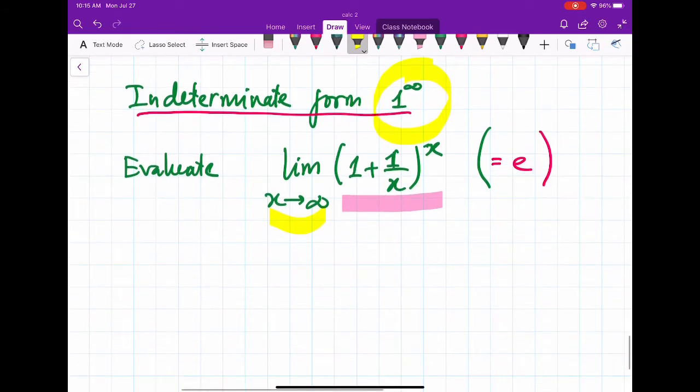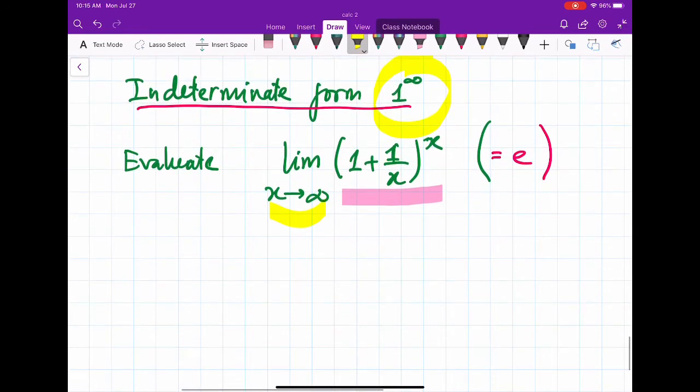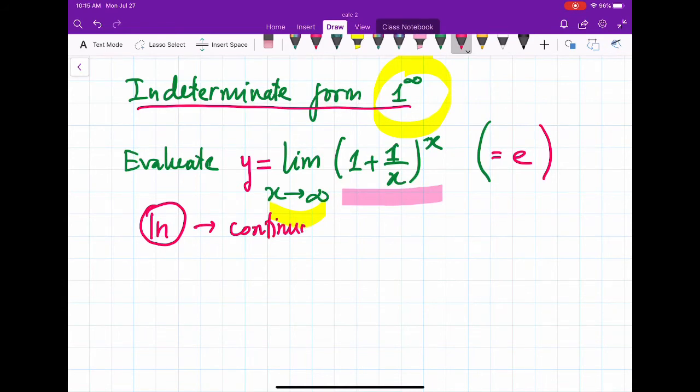Okay? So, for such a function, you would like to put y equal to the limit. We suppose that the limit is y, or a, or whatever you want, right? But let's put that equal to y. Now, the function ln, remember that the function ln is continuous. So you may apply this function to both sides of this limit.